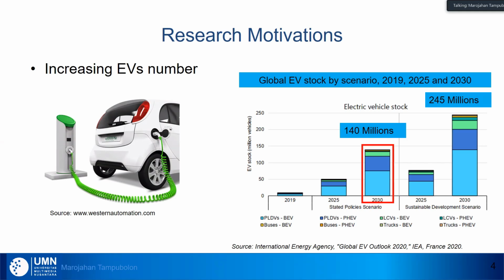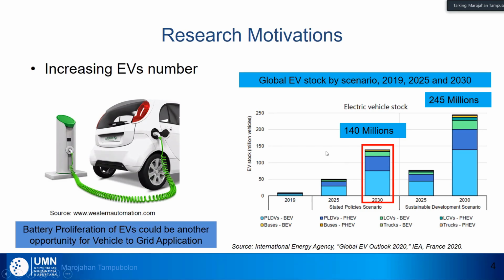And under the sustainable development scenario, it will go up to 245 million EV stock. Of course, this doesn't mean that all the stock will be bought by consumers, but this number shows that we have a very big potential in EV technology.